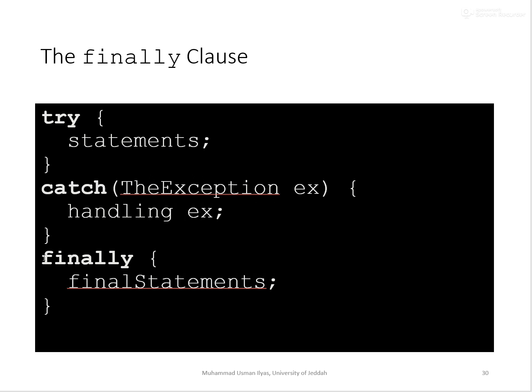After a try block, we have one or more catch blocks for different exception types. And at the end of all catch blocks, we don't necessarily have to, but we can have a finally block, which contains its own block of statements.